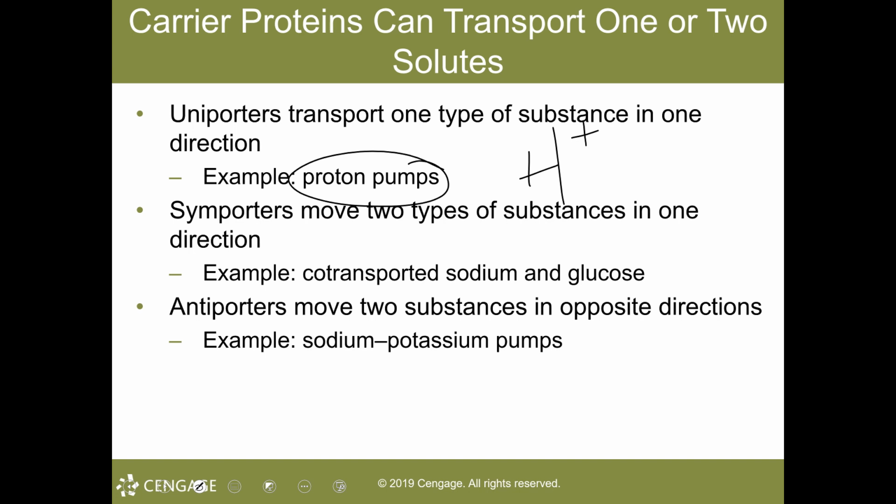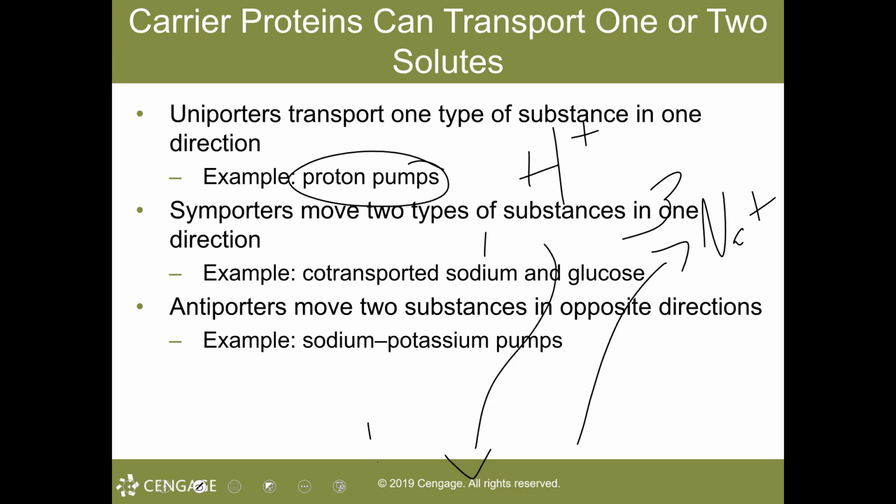And then an antiport, which we just did, pumps 2 substances in opposite directions. Henceforth, we saw those 1, 2, 3 sodium ions being pumped there, and then those 1, 2 potassium ions being pumped there. The antiport.